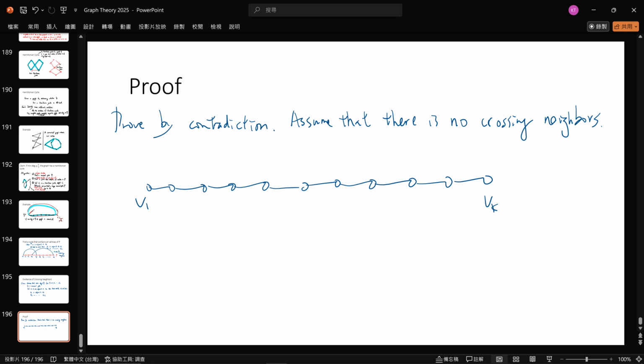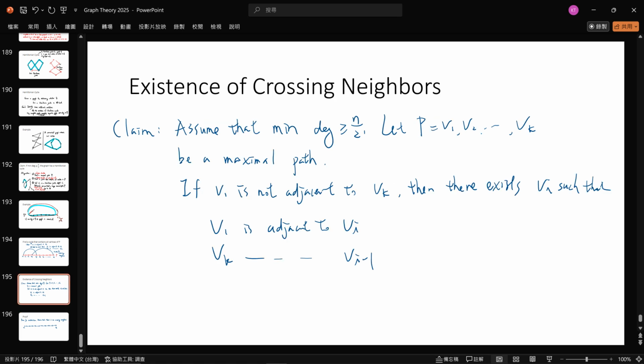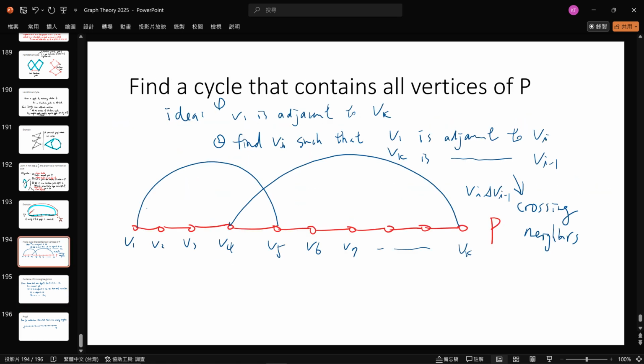Before I give you the formal proof, I want to first give you the intuition. The intuition is that if the minimum degree is n/2, then there's a large degree. So V1 is adjacent to at least half of the vertices on the path.